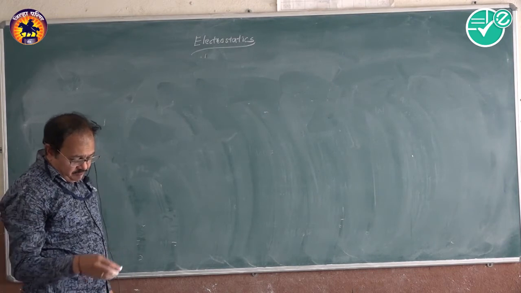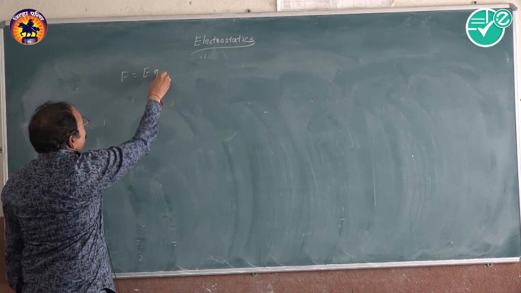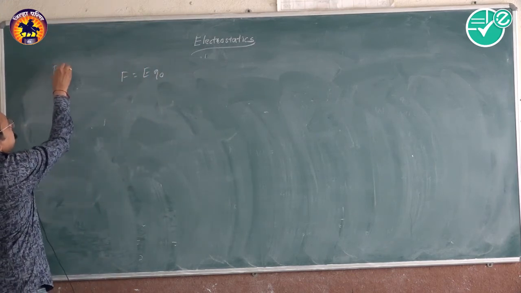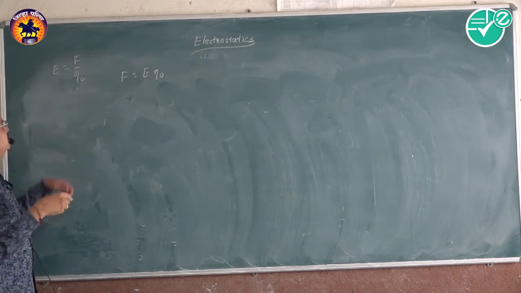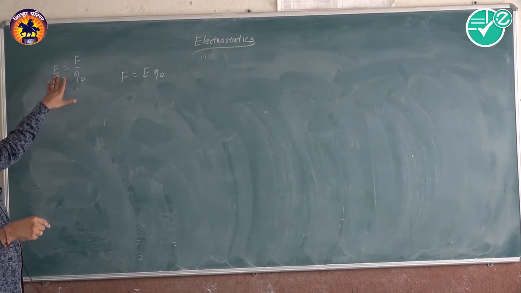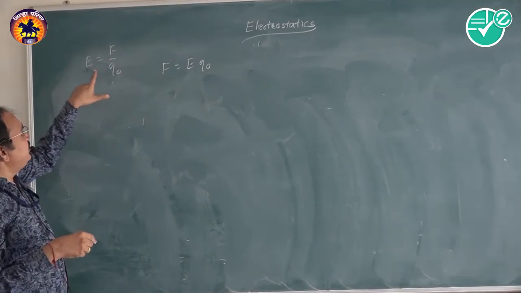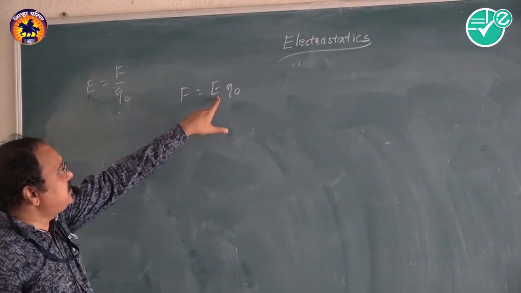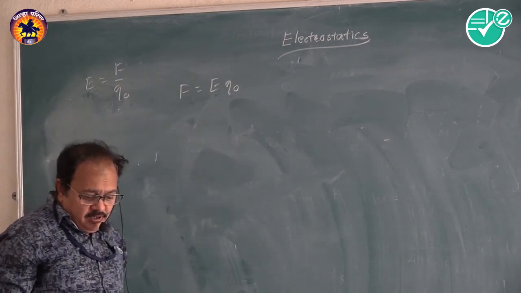We know that F equals E times Q naught. We obtain the value of electric intensity as E equals F upon Q naught, and from this equation we have F equals E times Q naught.